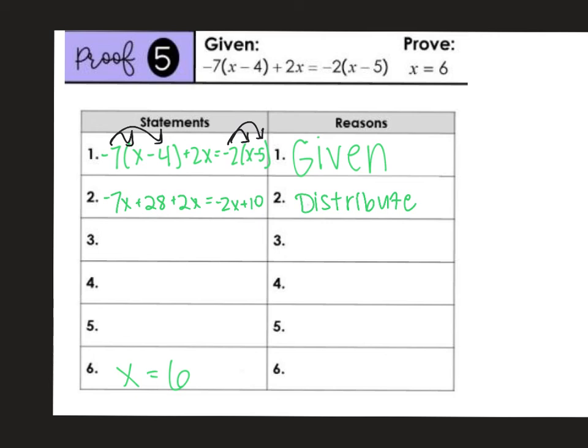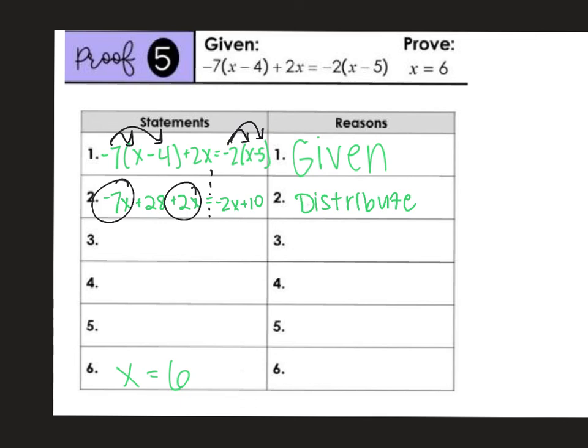Now there's a new step that we haven't done before, and that is to simplify. Now we see that we have to combine like terms here. We have a -7x and a 2x on the same side of the equal sign. Because they're on the same side, we can take care of them both. We can put them together in one step.